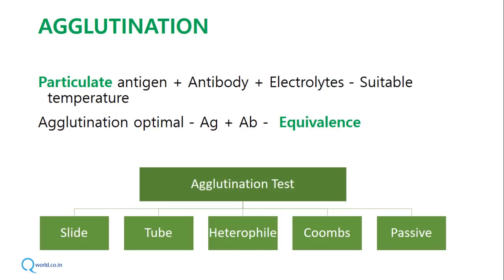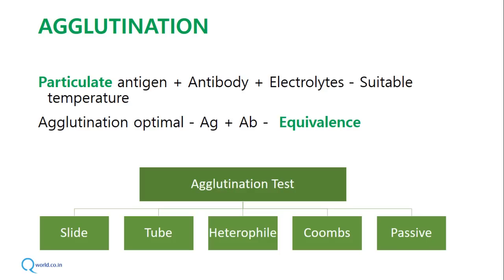Now there are various types of agglutination tests: slide agglutination, tube agglutination, heterophile agglutination test, Coombs test, and passive agglutination test. Why do we need agglutination tests when we have precipitation reaction? There are lots of reasons. Agglutination is more sensitive compared to the precipitation reaction.